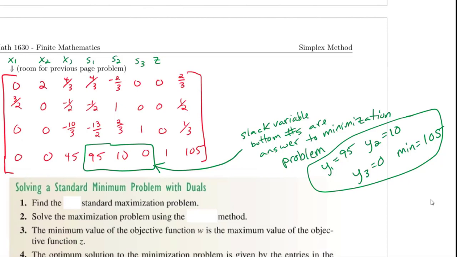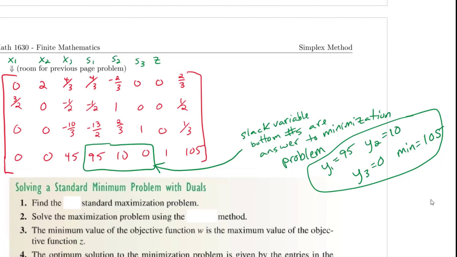So basically, going back over the whole process, it's about the same level of difficulty as doing a maximization problem. The only real difference is you start with a minimization problem, you put it in a matrix, transpose it to get a maximization problem that you use the simplex method on, and then look at the bottom of the slack variable columns to get the minimization solution.